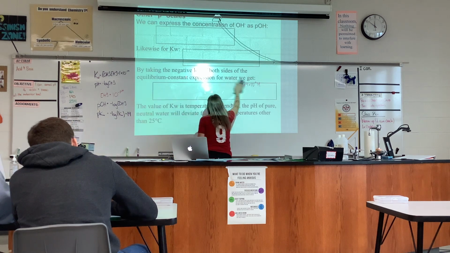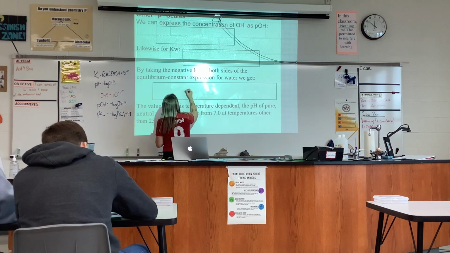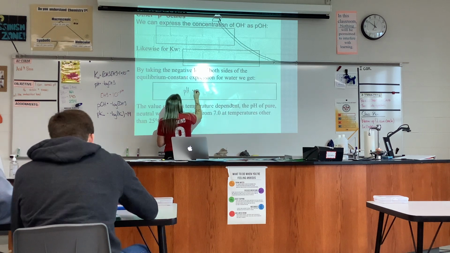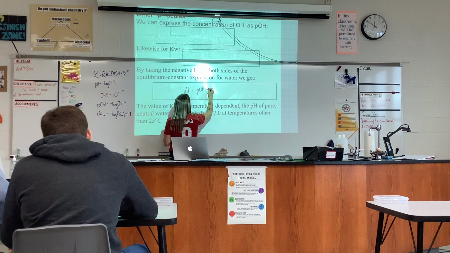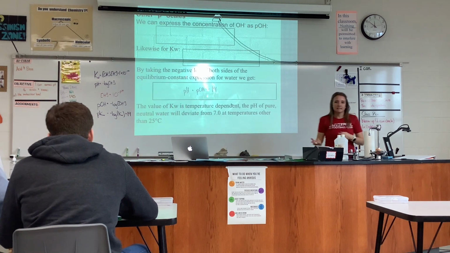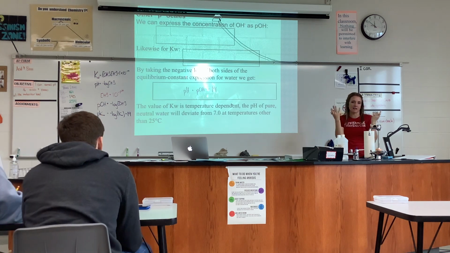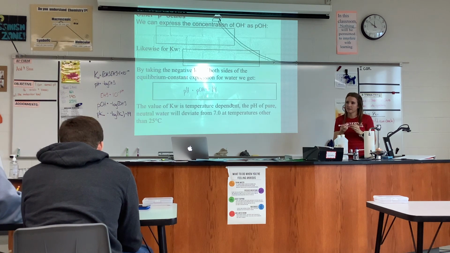The pKw equals 14. The pH of something plus the pOH of something will equal 14. This is what allows you to link the two scales together depending on what units you're in.